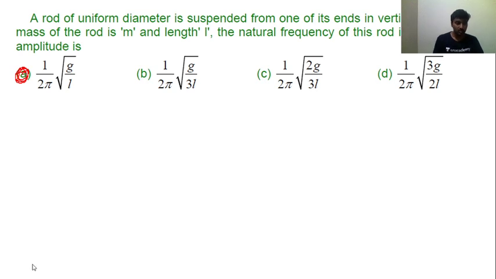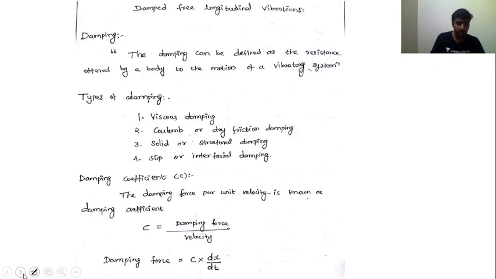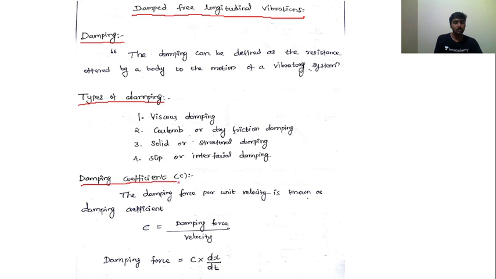Next we are moving into the next topic: damped free longitudinal vibrations. In this category we are going to cover the definition of damping, types of damping, damping coefficient and so on.